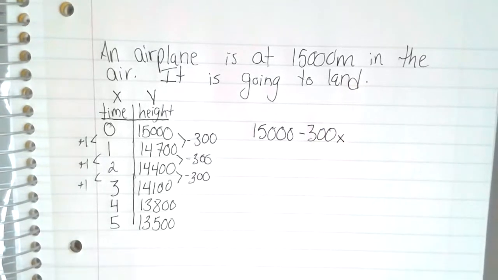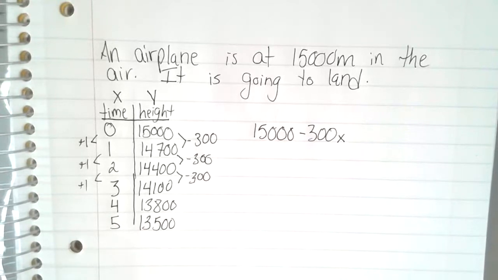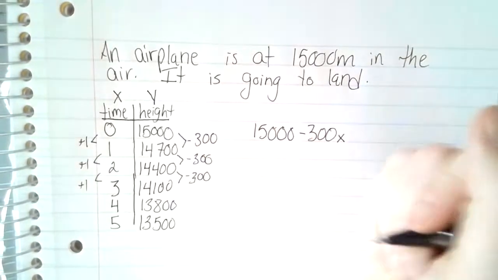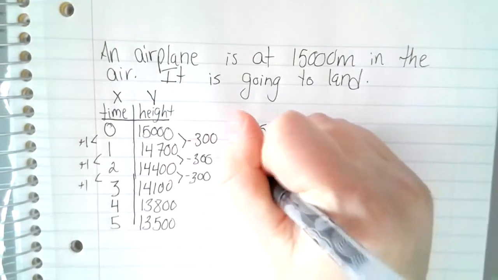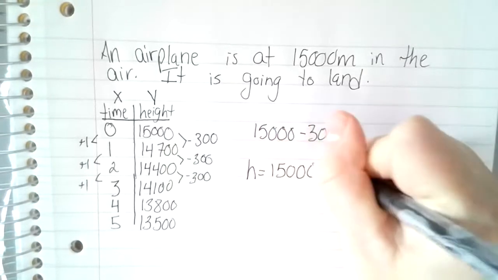Does it have to be x? Nope. But in this case, it is. This is an expression because I'm not necessarily saying what it's equal to. If I were to switch it into an equation, I might put height is equal to 15,000 subtract 300x.